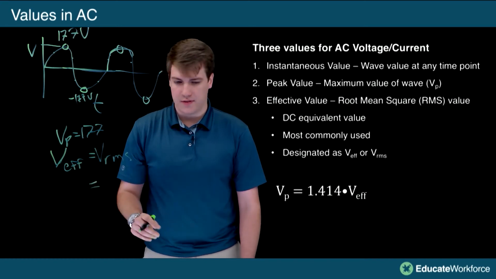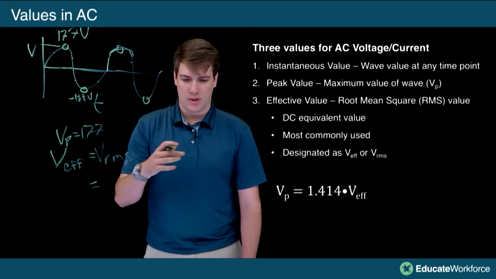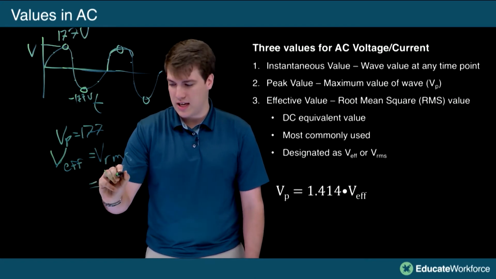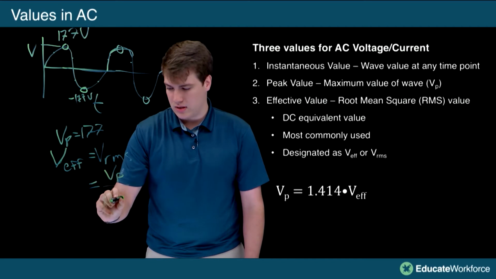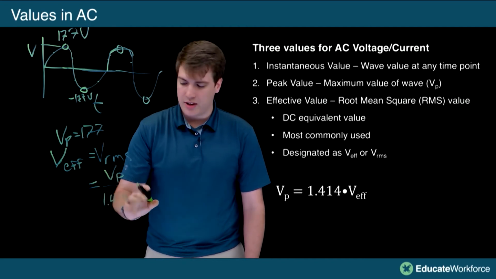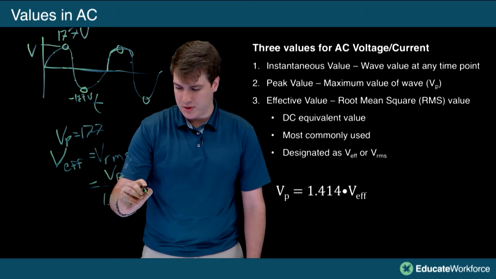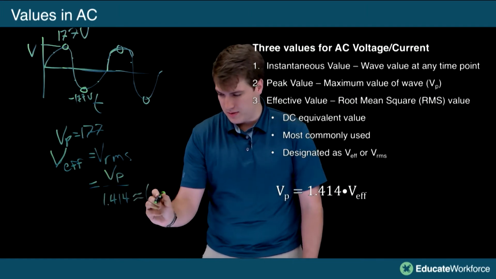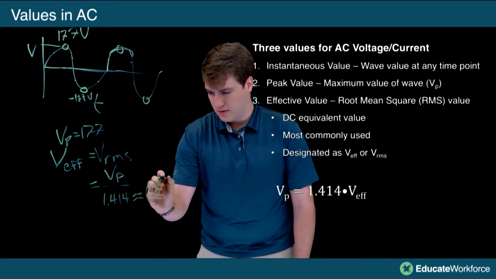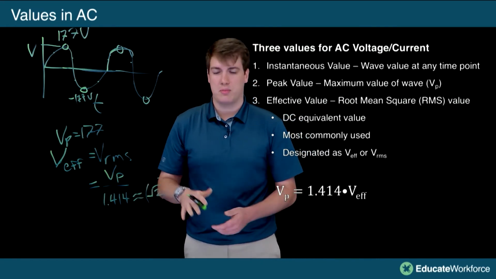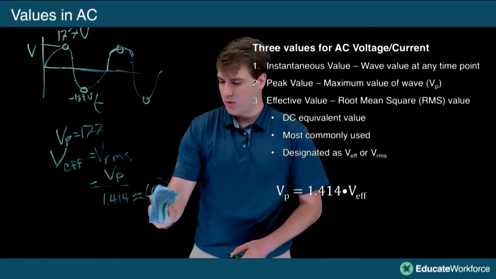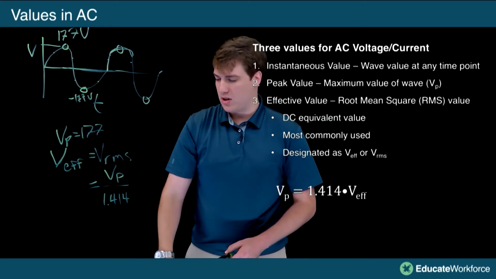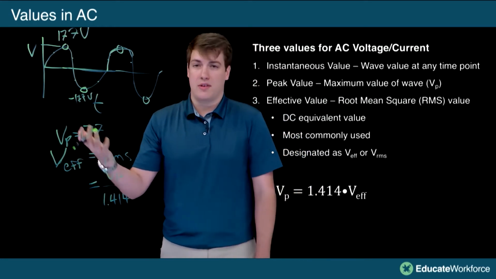But for V effective, if we're given peak voltage first, we divide by 1.414. And this value, if you want to be more precise, is root 2. So the square root of 2 is roughly 1.414. We won't really care where this root 2 comes from, but I'll give a hint to it when we talk about RMS.